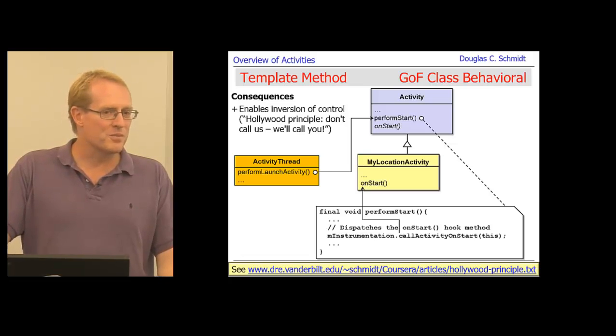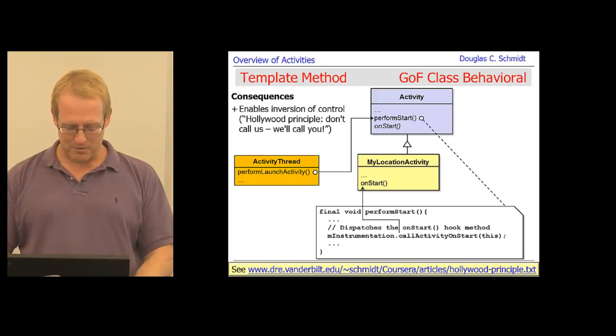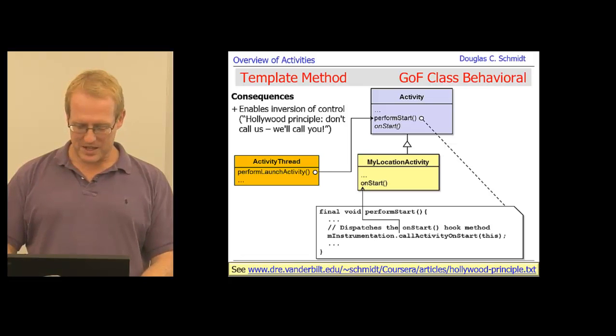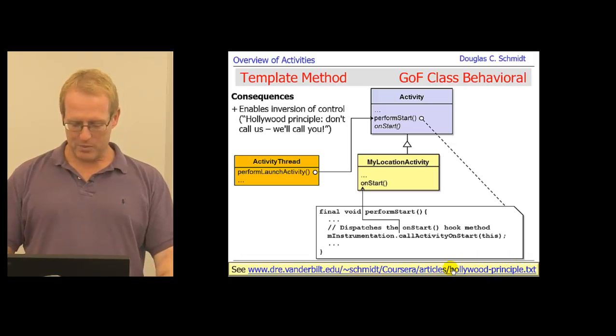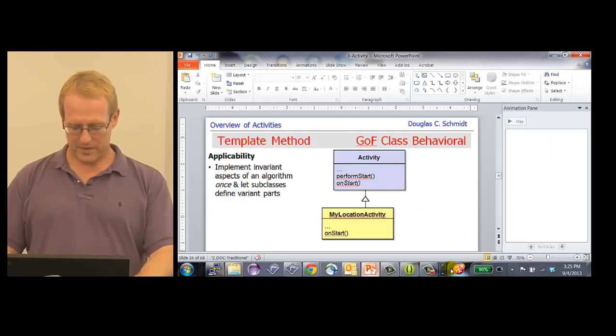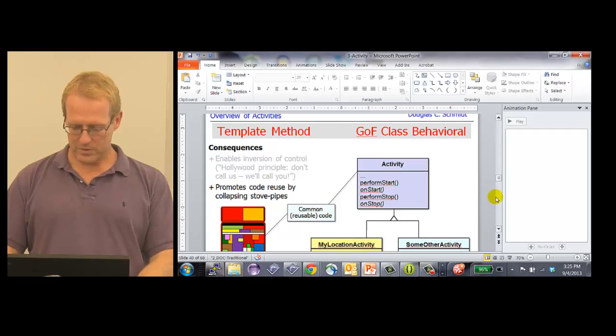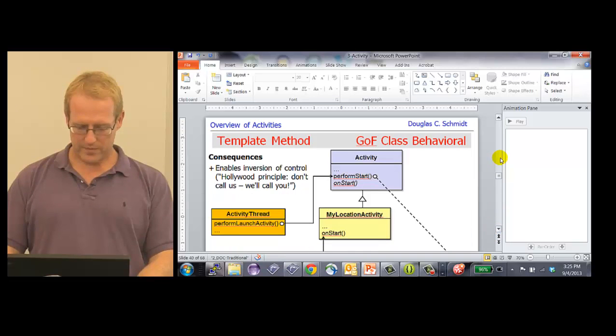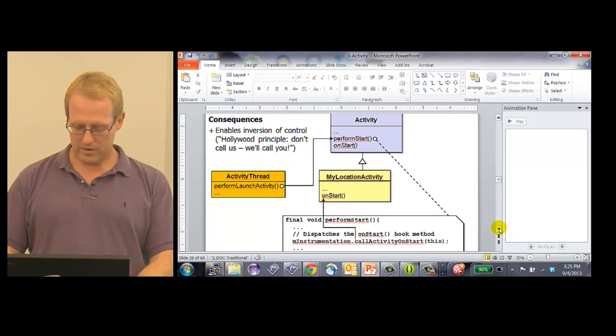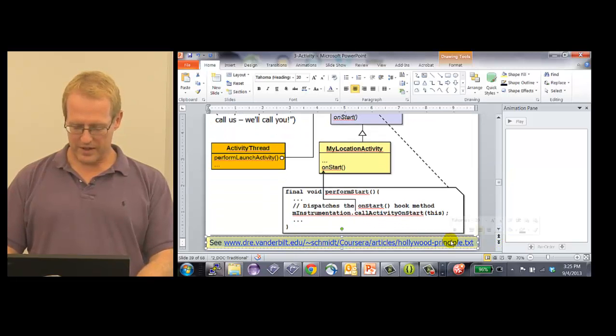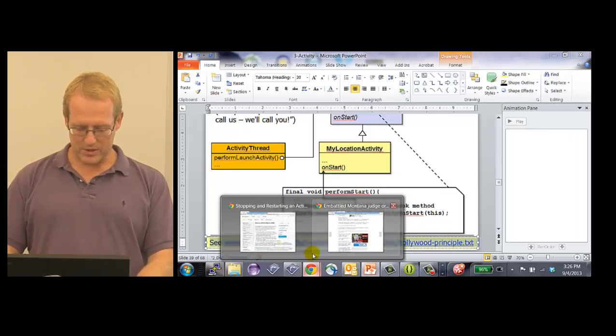Inversion of control is sometimes referred to humorously as the Hollywood principle. We talked about that before. Let's go ahead and see if we can pop up the Hollywood principle article on my website. We'll open up a browser.